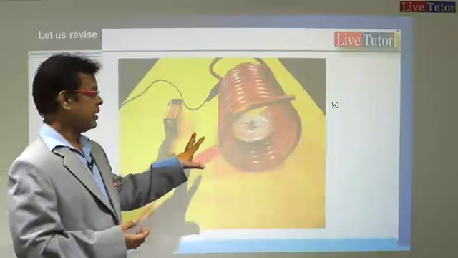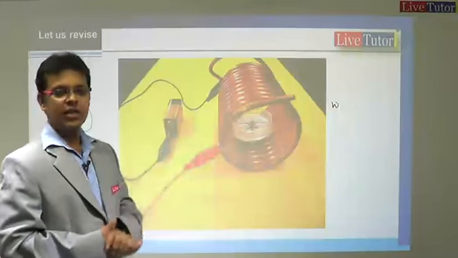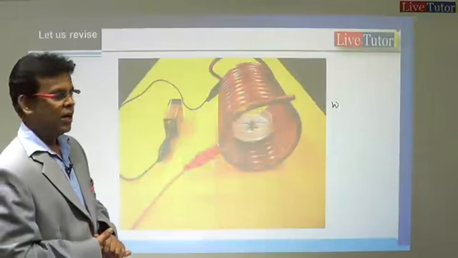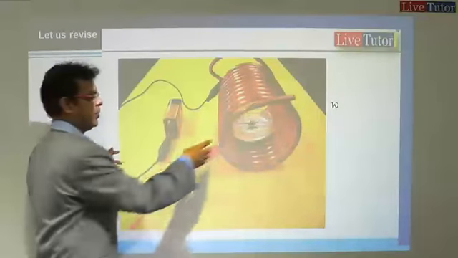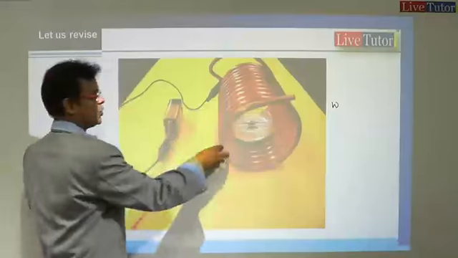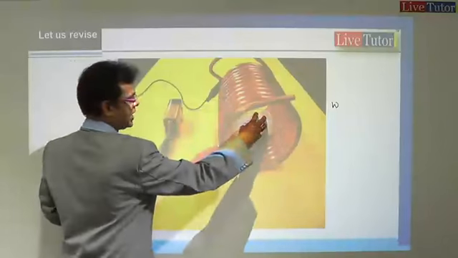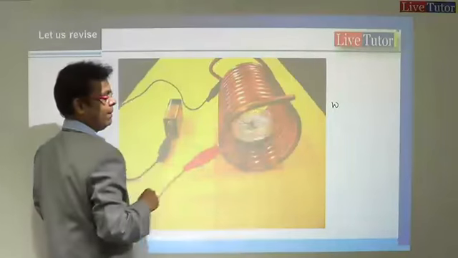Here, this is the solenoid. To understand how the magnetic field is created inside the solenoid, here is a small experiment. You can see that a battery is connected to the two ends of the solenoid. Here, a magnetic compass is kept inside.